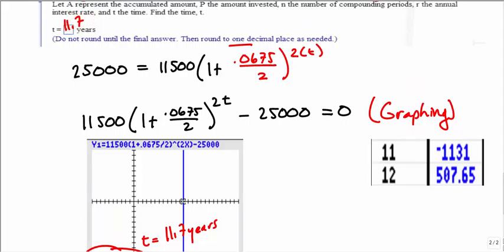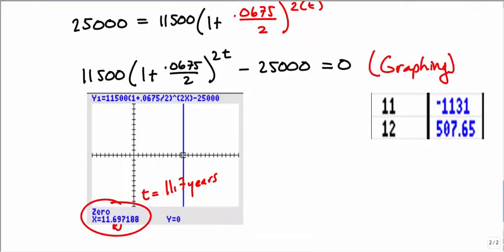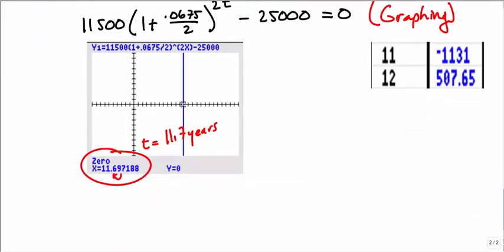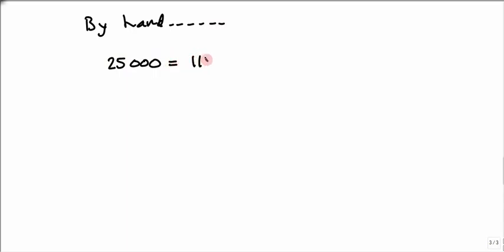Now, how would we do the same work by hand? Well, we'll start with our original. We'll isolate the exponent and the base, and then we'll work from there. So I think we'll need a new page for this. So by hand, we would have 25,000 equals 11,500, 1 plus 0.0675 over 2 compounding periods to the 2t.